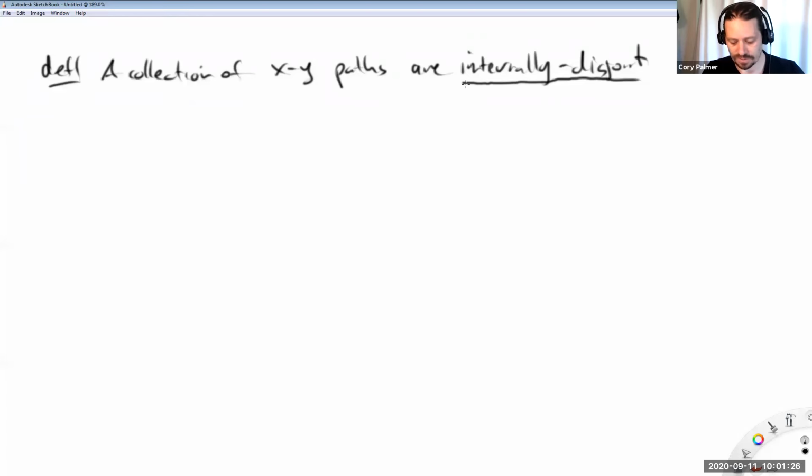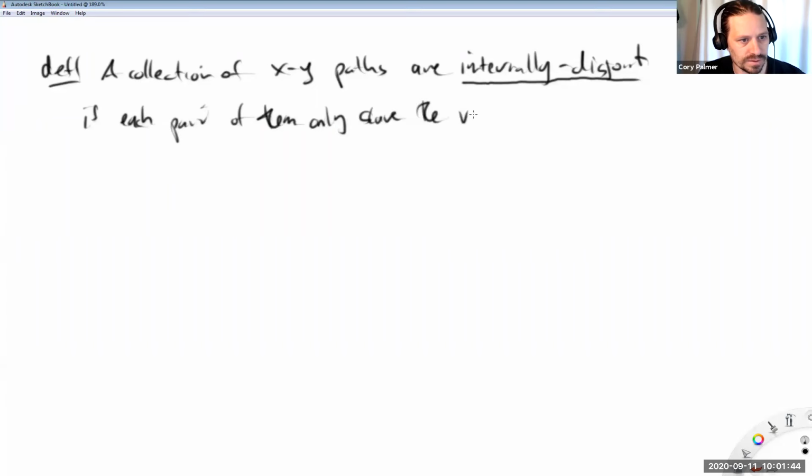Sometimes the vertices on the interior of a path we call the interior vertices, and the end vertices are the end vertices. But a collection of paths are internally disjoint if each pair of them only share the vertices x and y.